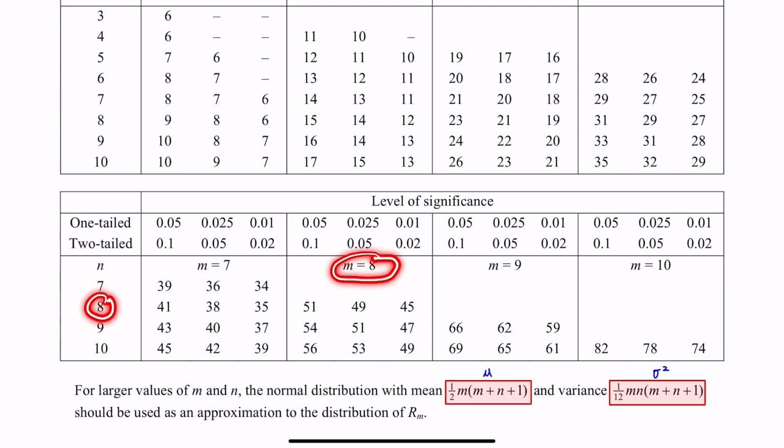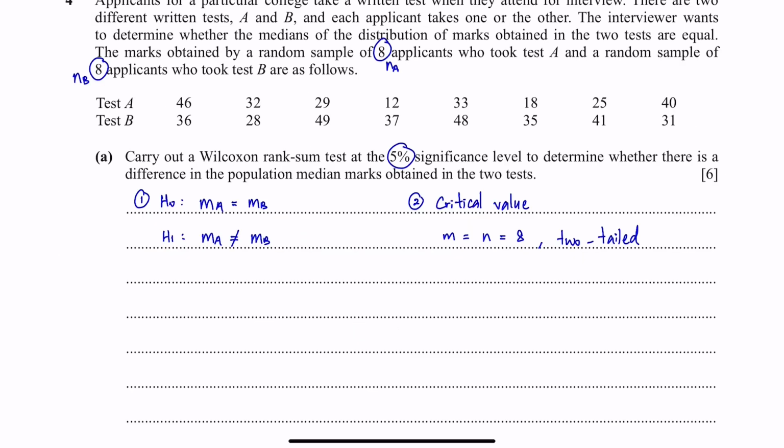It's a two-tailed test, and we know that the significance level is 0.05. So we know that it's this one. So this should be the critical value, 49. So for critical value, W equals 49.